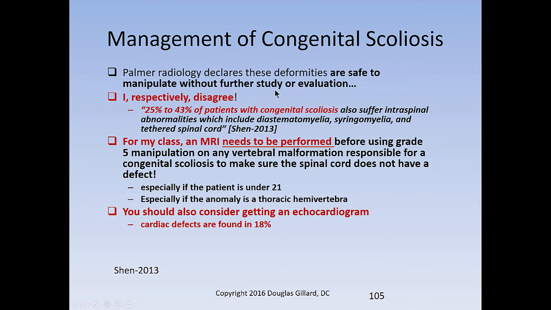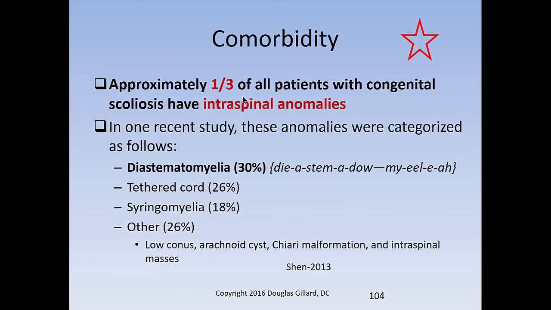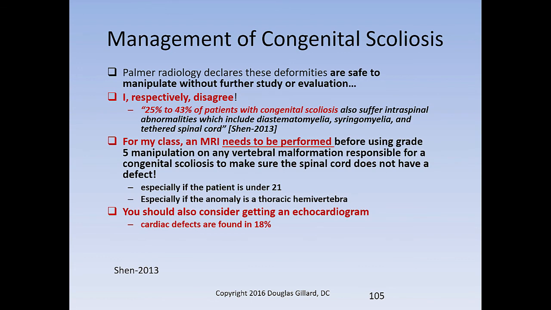I got into it with them, and I just don't agree that it's safe to adjust someone unless you find out, just because of this. I'm just trying to drive my point home. Shen, 2013: up to 43% of patients with congenital scoliosis have intraspinal abnormalities, diastematomyelia, syringomyelia, tethered cord. So for my class, for my test, an MRI needs to be performed before using grade 5 manipulation.